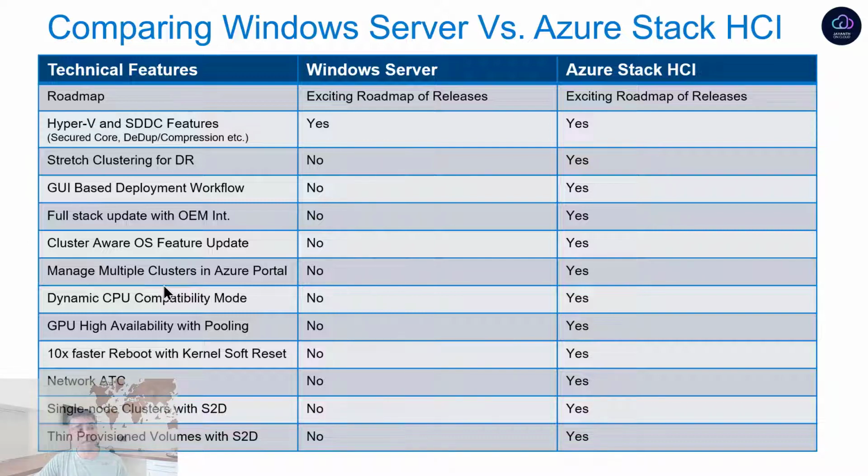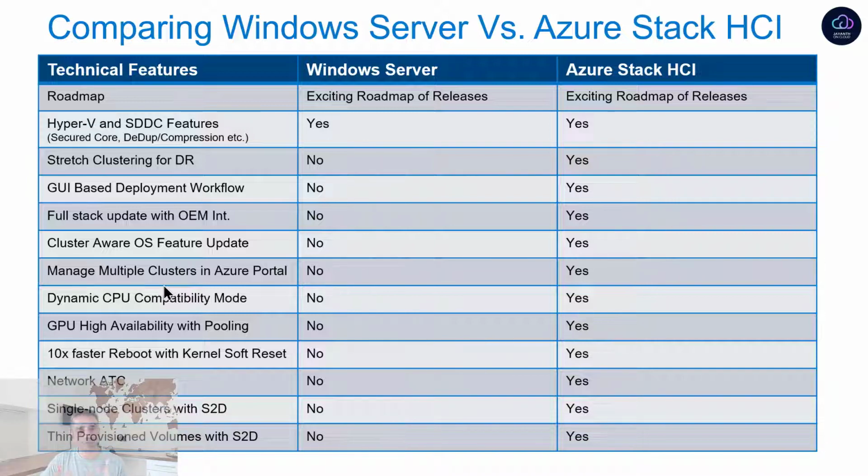The other feature is 10 times faster reboot using kernel soft reset. So with 21H2, Microsoft introduced the kernel soft reboot feature, which means you can reboot the Azure Stack HCI operating system much faster compared to what a traditional Windows Server would do.